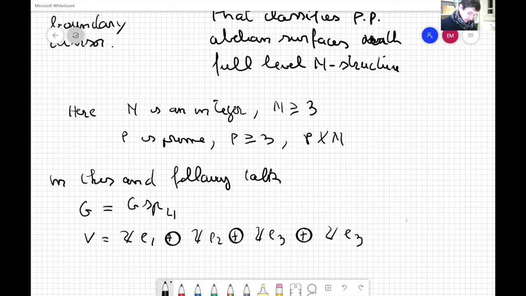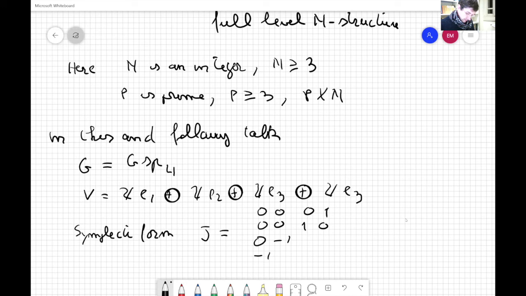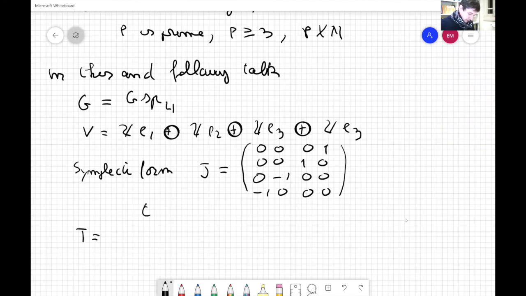So this actually will define the standard representation of the group G, with the property that the symplectic form with respect to this basis, exactly as in George's talk, will be of this familiar shape. And there will be also a torus floating around, which will be things of this type. It's not a maximal torus because, sorry, there is the center also of this group G that I'm not going to consider.